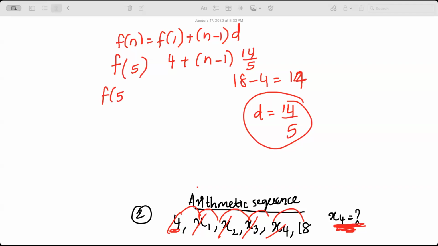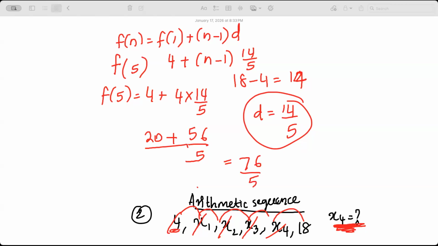So f of 5 will be equal to 4 plus 5 minus 1, 4 times 14 by 5, correct? So this is 20 plus 56 by 5, right? What did you all get, guys? 76 by 5. Yeah, that's what I also got. Yeah, 76 by 5.